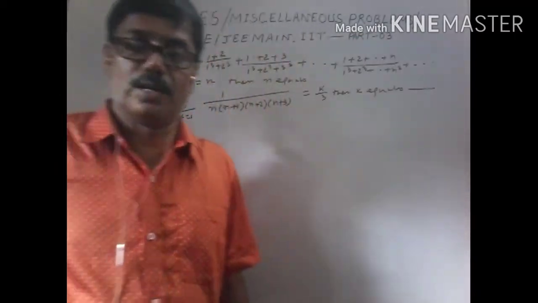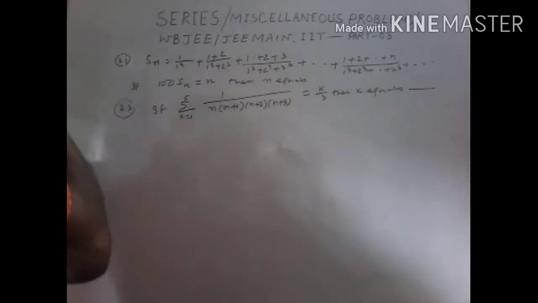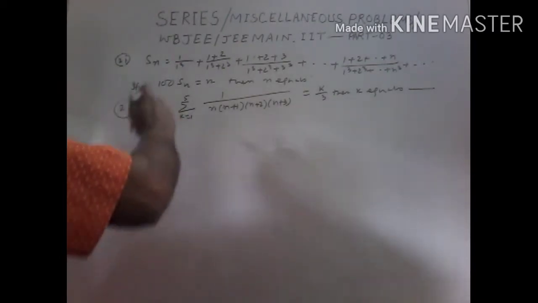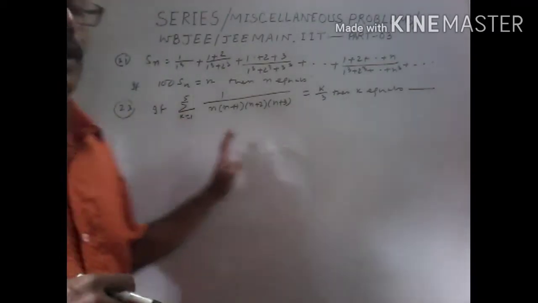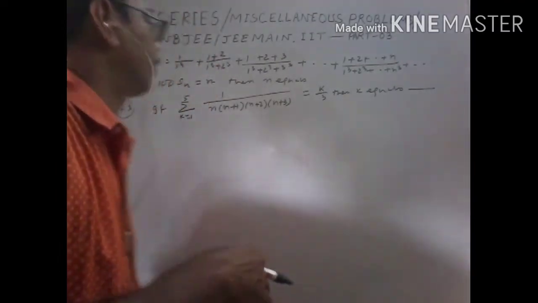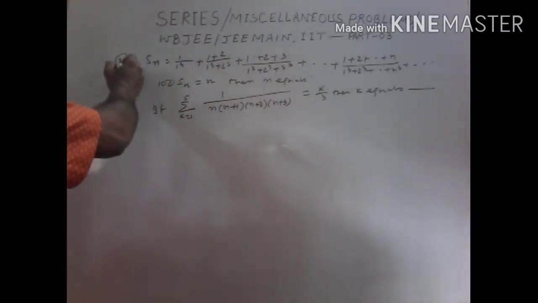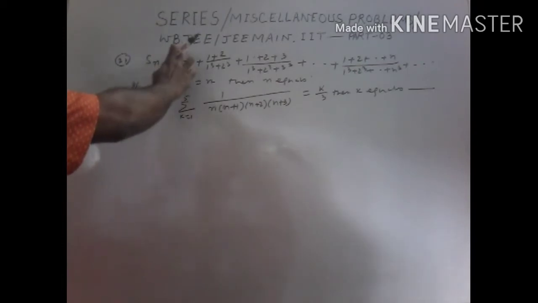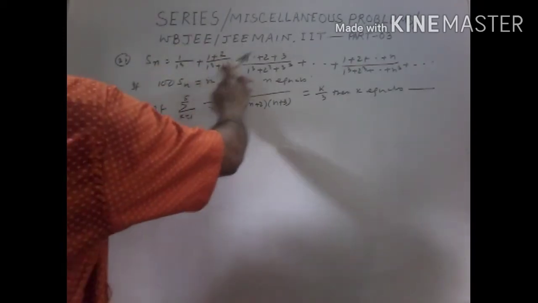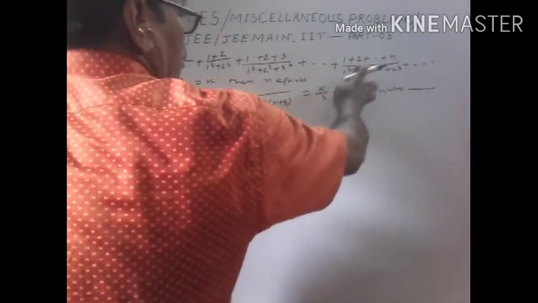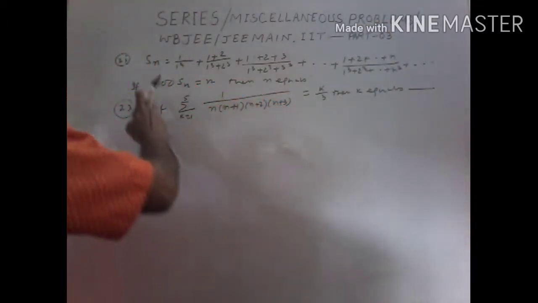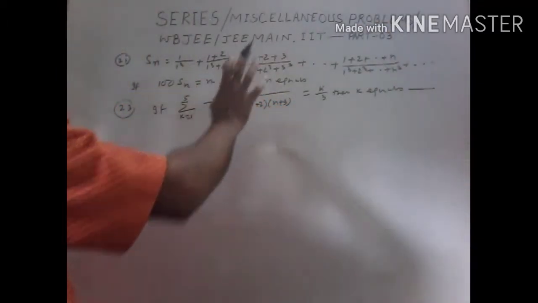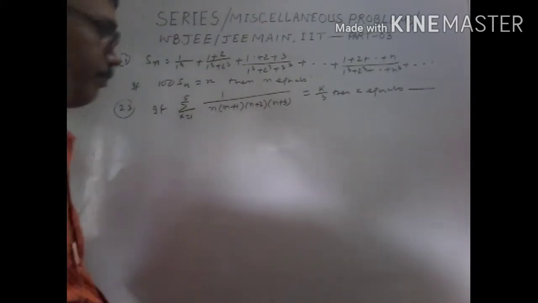Now we consider sum of series, two problems. Problem number 21: Sn is 1 by 1 plus 2, 1 plus 2, 1 plus 2 dot dot n. 100 Sn equals n, then find the value of n.